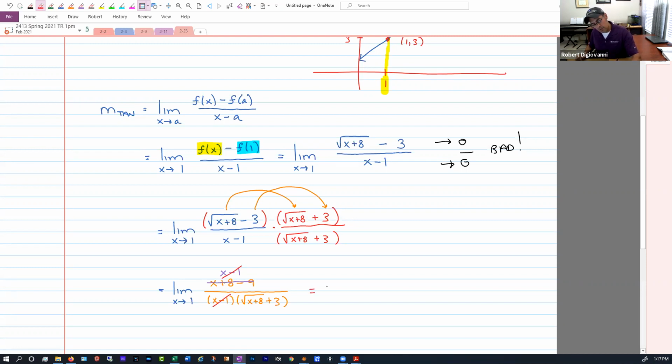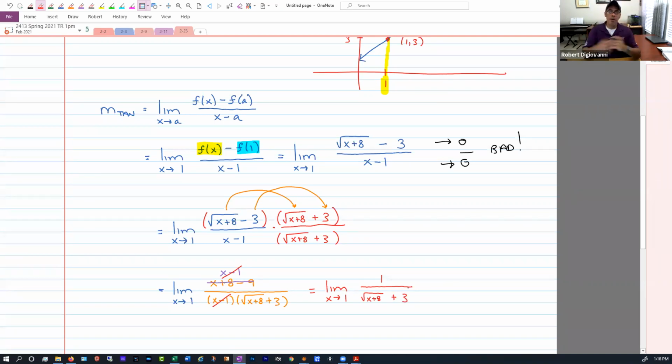And so we're almost ready for the limit. The limit as x approaches 1. Okay, what's still in the numerator? Everything's canceled out, but what's still there? 1. Gotta have a 1 up there, right? So there's still a 1 up there. And then the denominator is just the square root of x plus 8 plus 3.